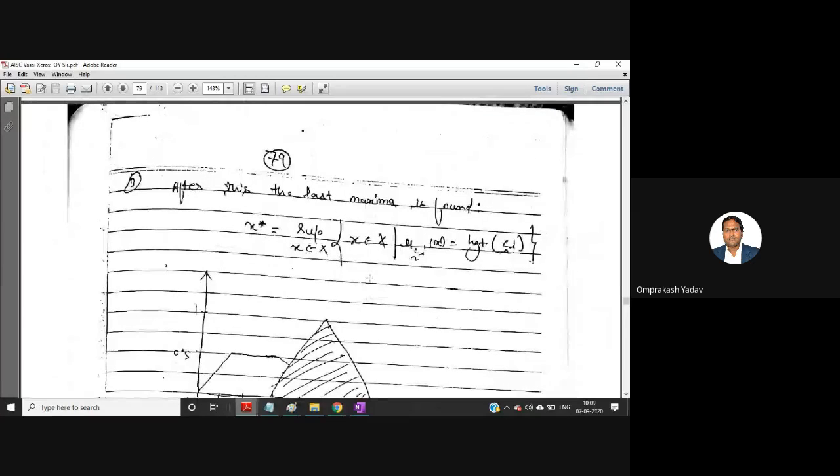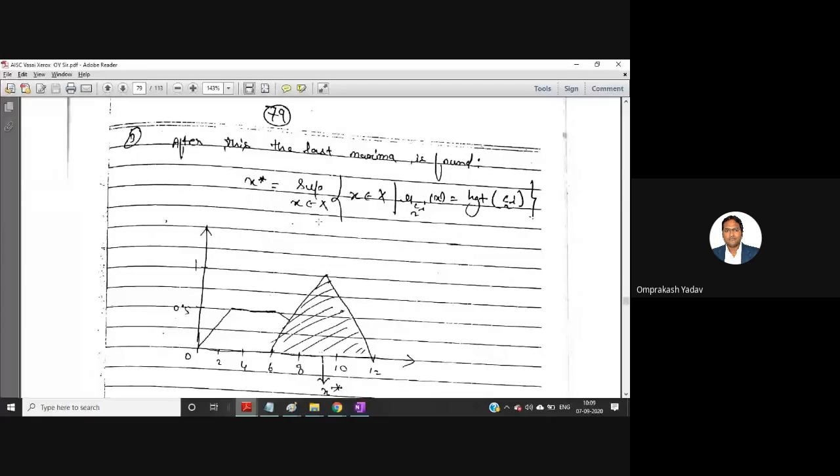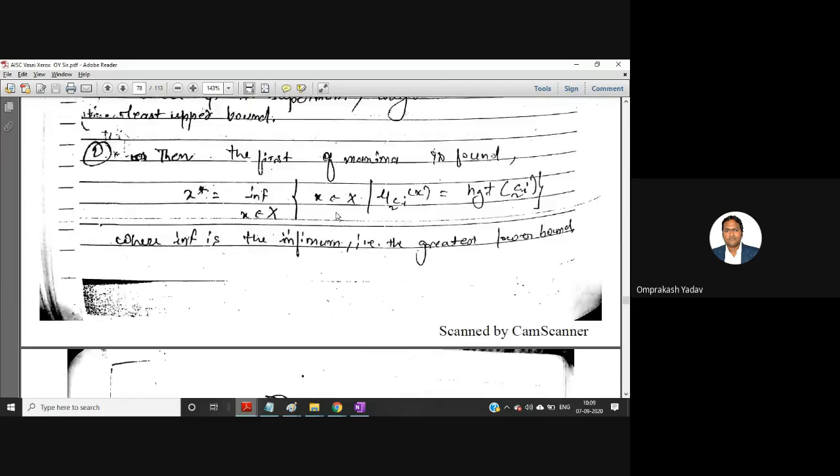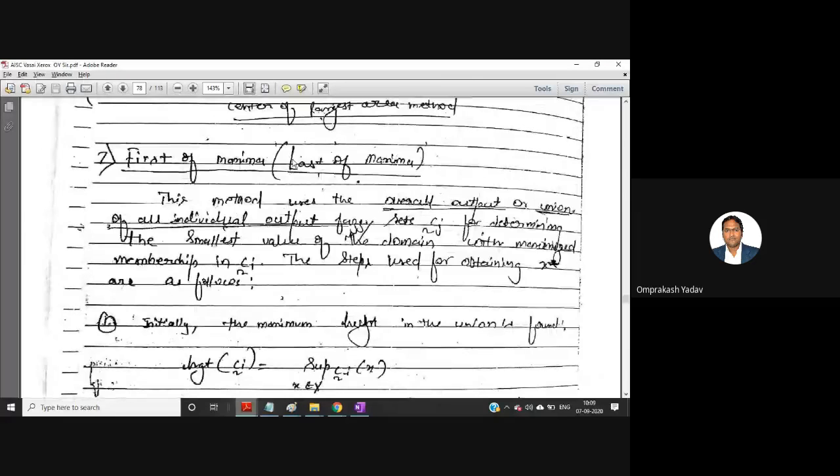After that we find the last of maxima, and that will be your x star point. So first we find the first of maxima, and then the last of maxima in the bracket. You can reverse also. First you can do the last of maxima, and then the first of maxima, that way also.